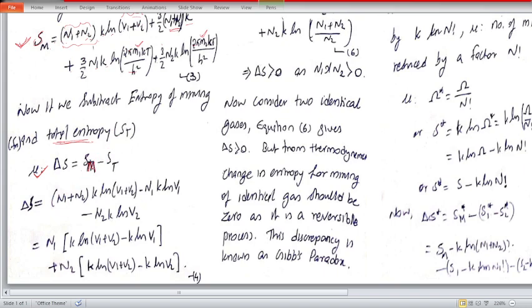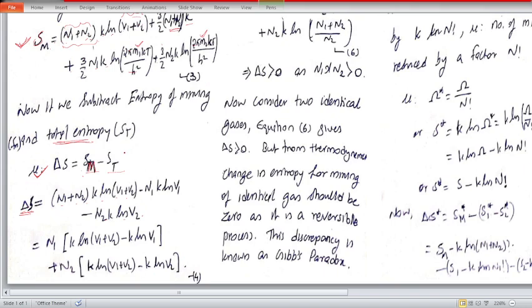After subtracting, you get delta S equal to n1 plus n2 k ln v1 plus v2 minus n1 k ln v1 minus n2 k ln v2. All other terms vanish. So this is the final expression, the change in entropy.